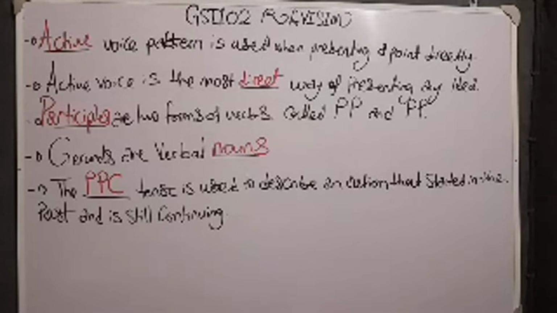For example, the farmers have been plowing. They started plowing moments ago, weeks, days, but it's not now. The farmers have been plowing their fields for 2 hours now.